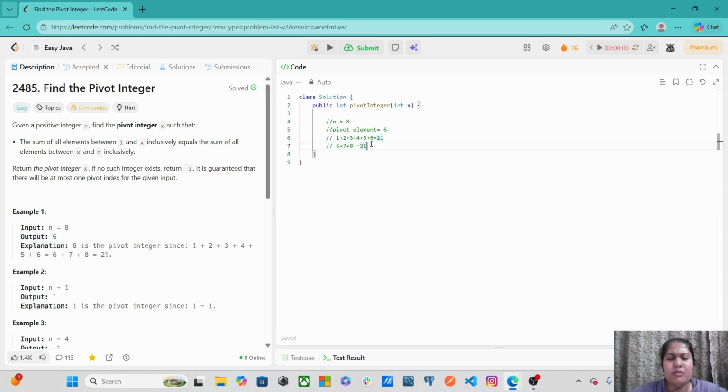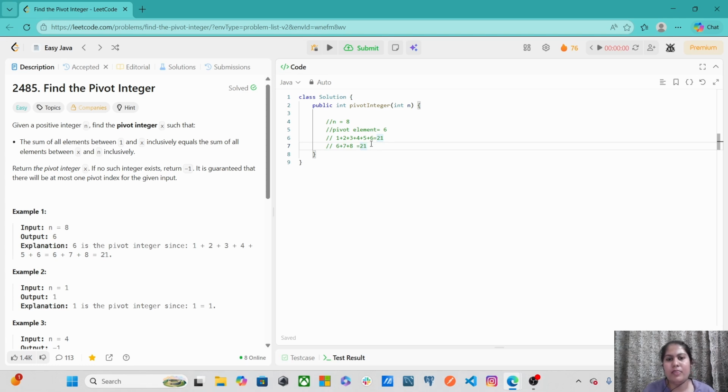I think before, while solving problems like finding the pivot index of an array, we have used this kind of approach, right? Two-pointer approach. But what if we can use something else here, something mathematical like arithmetic progression formulas? How can we deal with it? Think about it, guys.